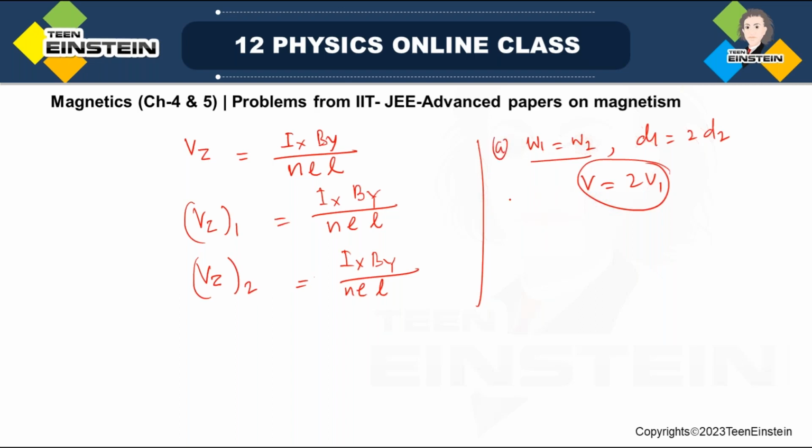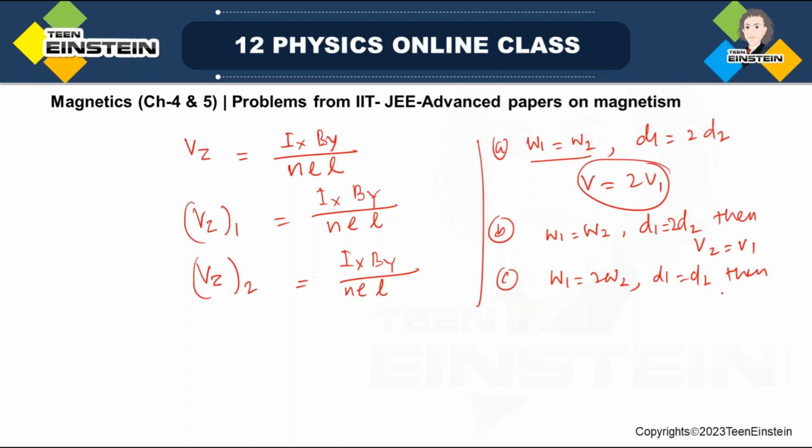This is the first option. Second option, let me write the option itself. W1 is equal to W2, D1 is equal to 2D2, then V2 is equal to V1. Option C says if W1 is equal to 2W2, D1 is equal to D2, then V2 is equal to 2V1.